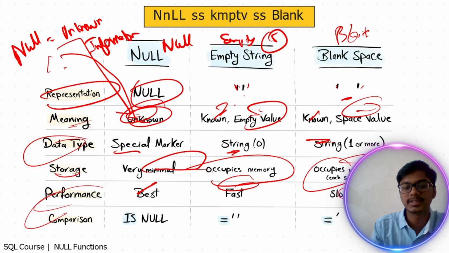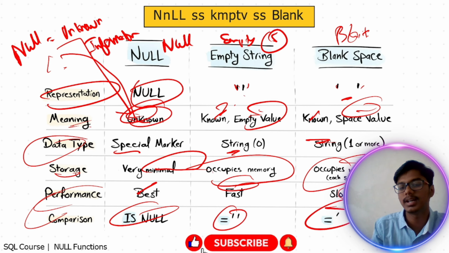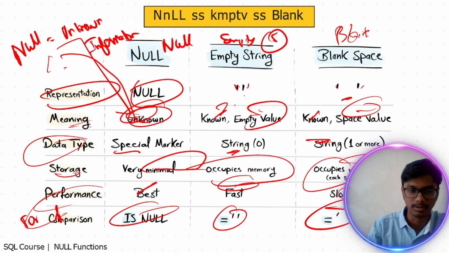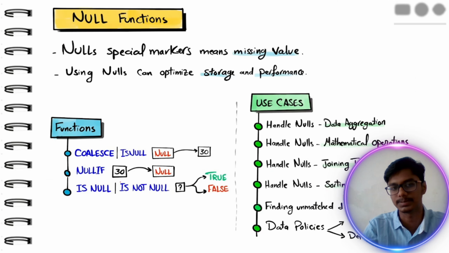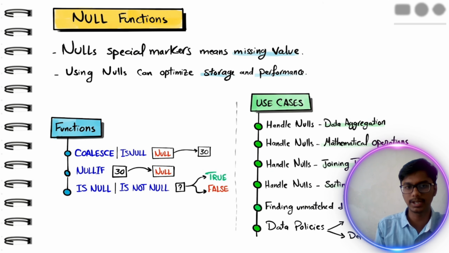The comparison we have discussed is null equal to empty string, and the part for filtering the rows. I'm happy to explain all those concepts. So we discussed the null functions, right?